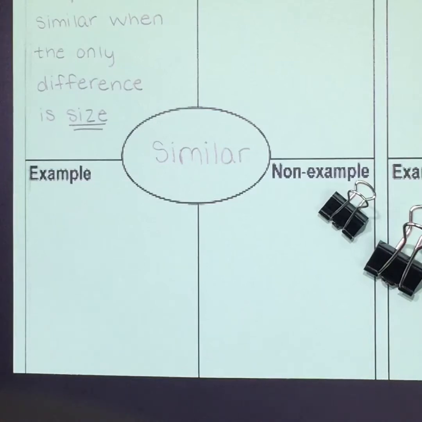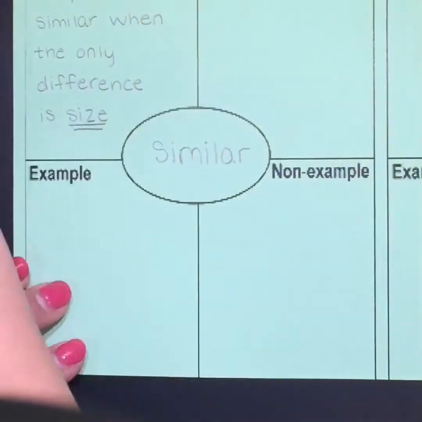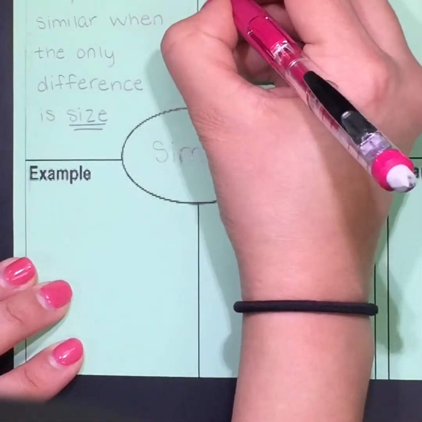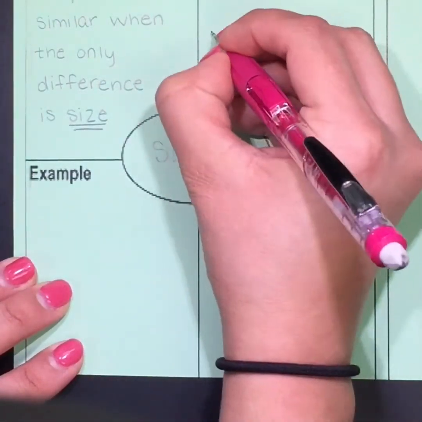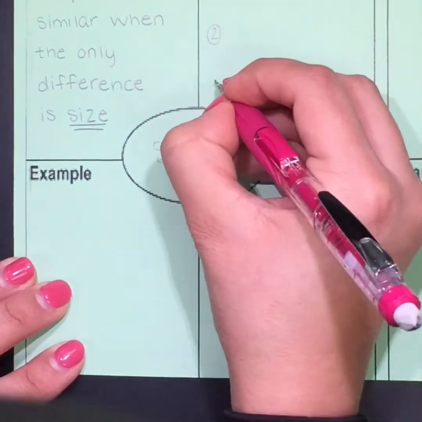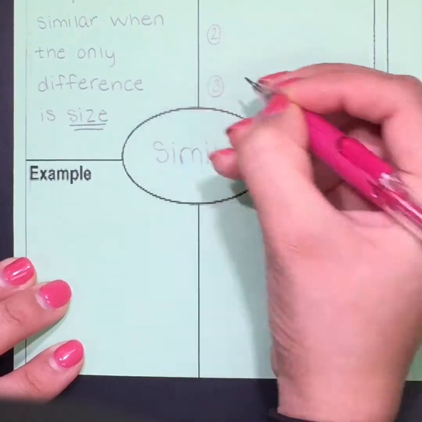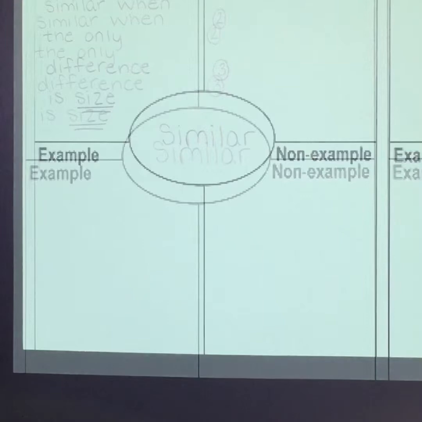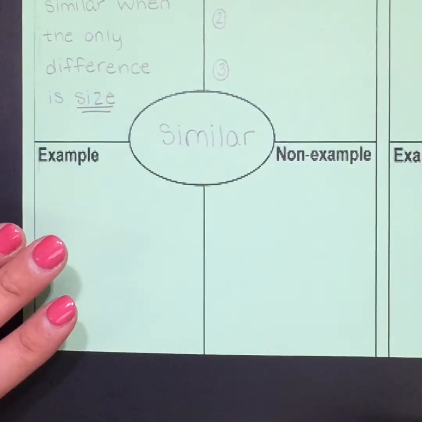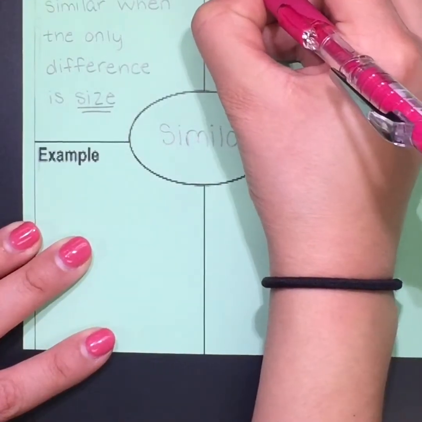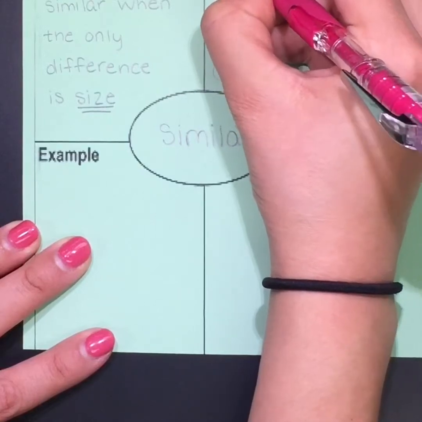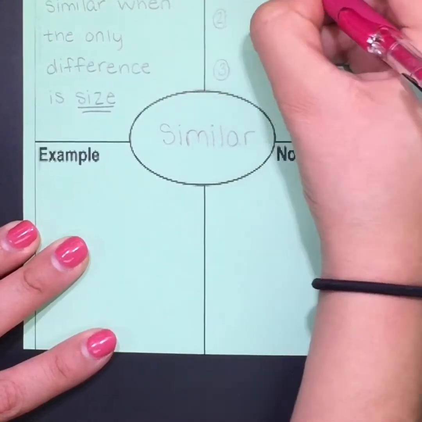Okay, and the key characteristics about similar shapes we actually have already learned, and I'll give you a hint. There are 3 characteristics for similar shapes. The first characteristic was that the shapes or the figures have the same general shape.